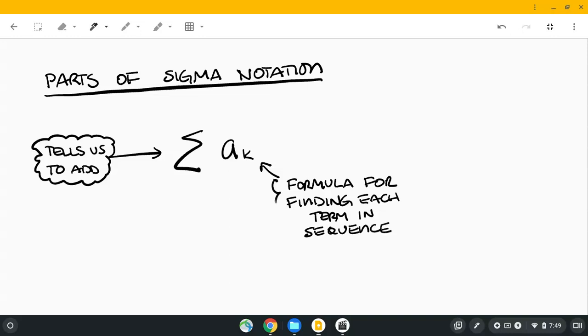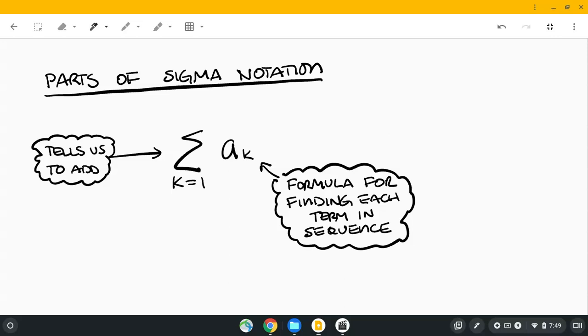So if you need to find the sum of the first 5 terms, you would plug in 1 to get the first term, plug in 2 to get the second term, plug in 3 to get the third term, etc. Okay. So that brings us to this part.